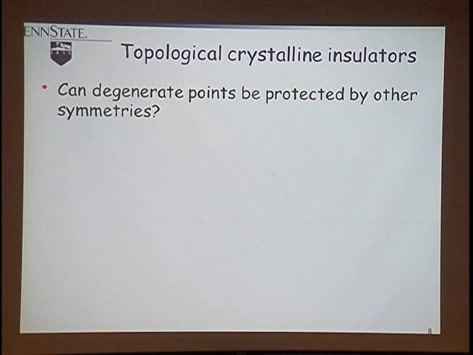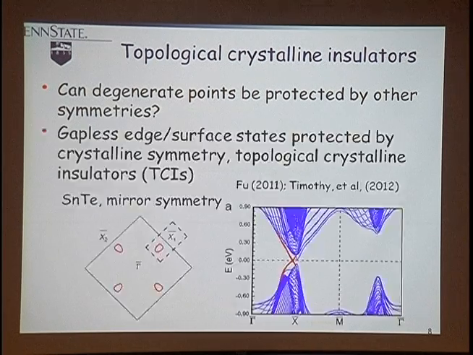So this is basically the topological crystalline insulator. And of course, the question is whether that type of surface state is possible or not. This is the work from the Liang Fu group, and this shows that this is indeed possible: gapless edge or surface states protected by the crystalline symmetry.